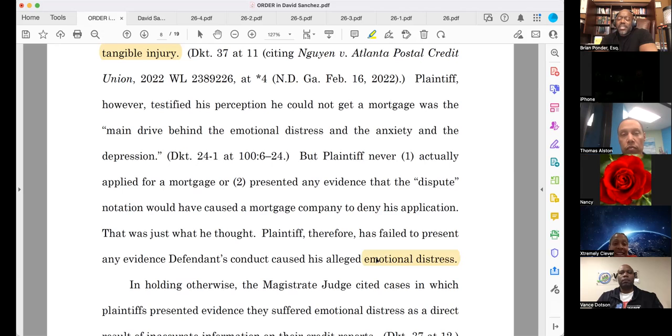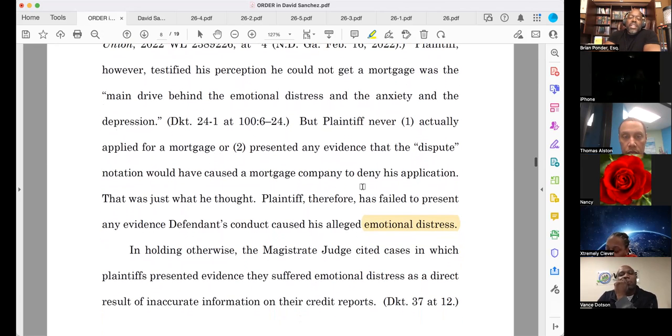Y'all don't paint it yet. But over here in Georgia, Mississippi, and all that, we just dip it in some ink. It's the whole egg. But I know y'all got the fancy plastic and stuff. So anyway, plaintiff, yeah, he put it down.